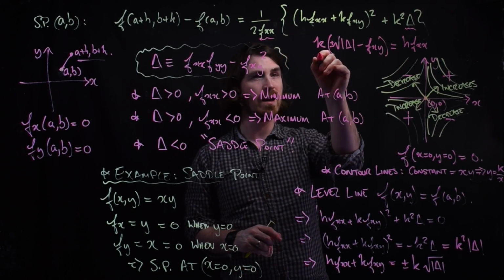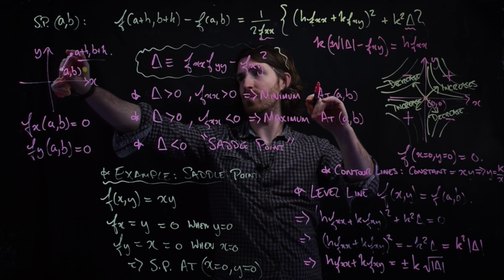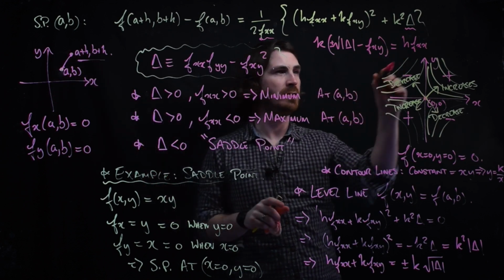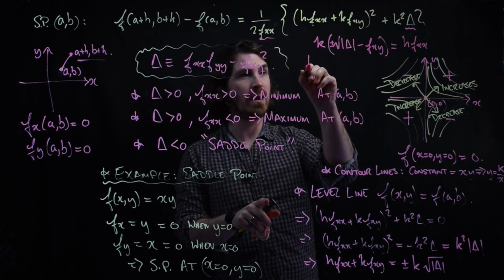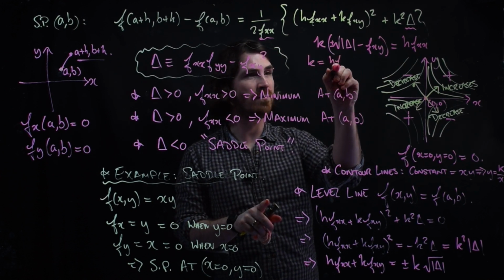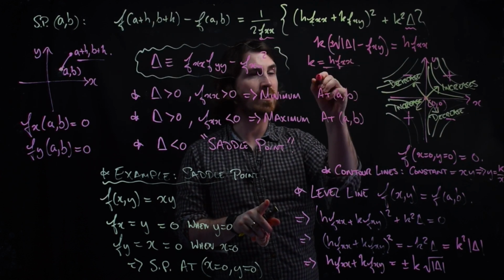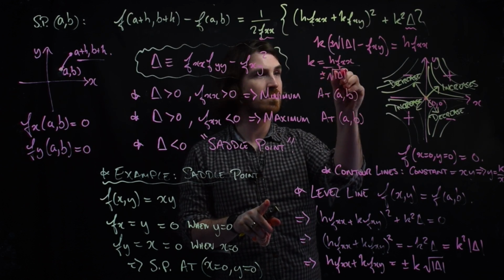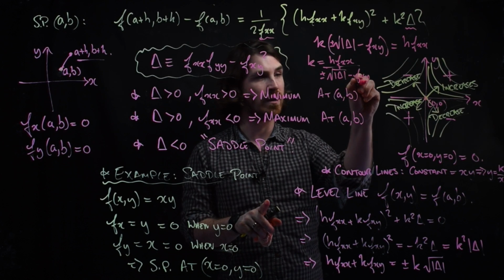So k is the height you move in the y-axis, and h is the x. So you've basically got k equals hfxx divided by plus or minus root delta minus fxy.